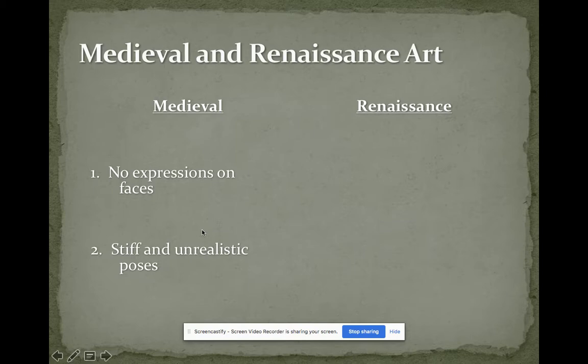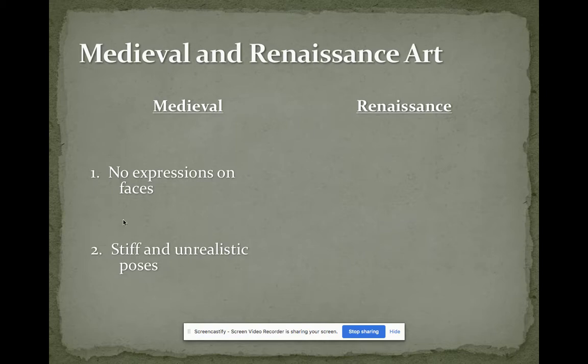In medieval art, the purpose was not for the art itself. The purpose was to teach people about religion. It didn't matter how you got there. It's just a matter of the message. So medieval art is not focusing on realism or the beauty of the art, but more on the message that the art is able to convey to the viewer.